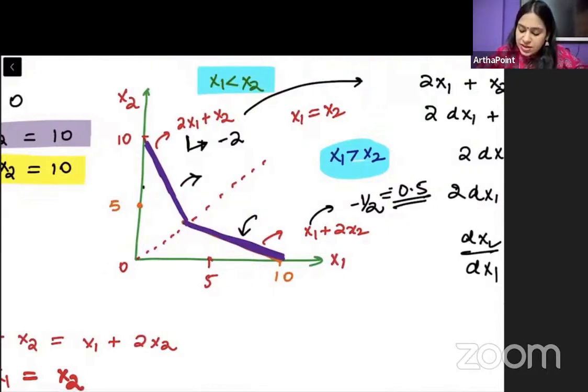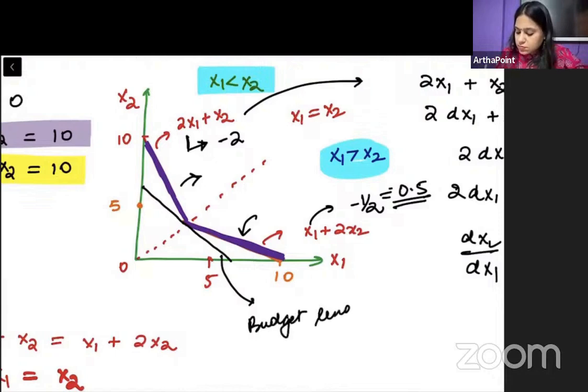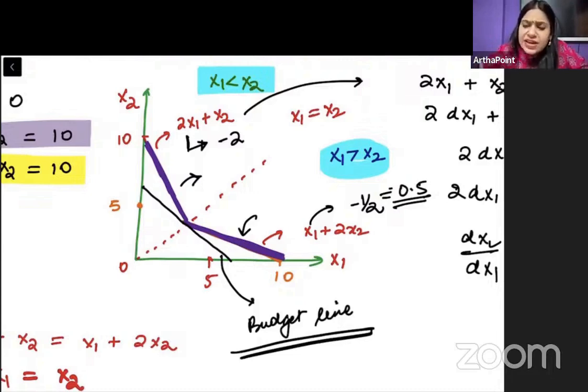It is going to be steeper than this line, but flatter than this line. So imagine something like this. This can be the slope of my budget line, right? So I can go ahead and say that this is my budget line. Now, given this budget line, where is the highest indifference curve that you are actually getting?